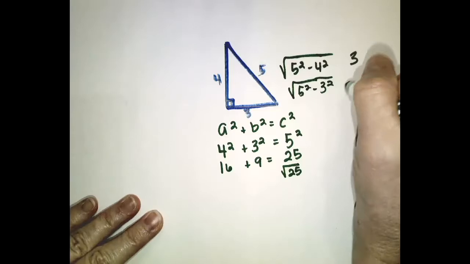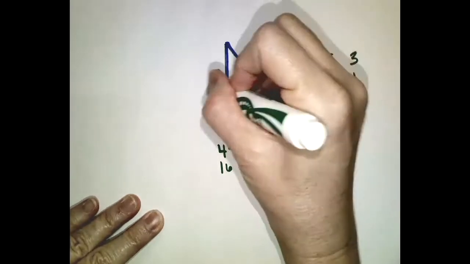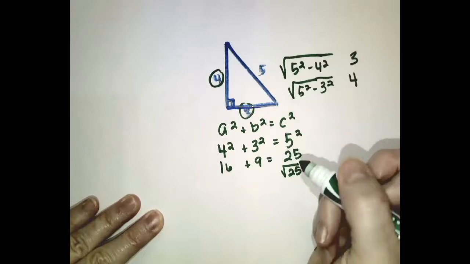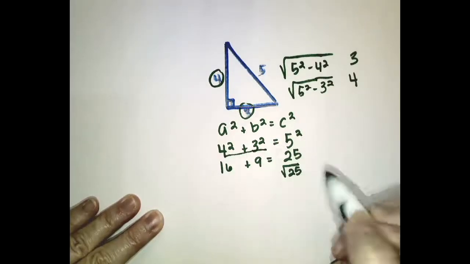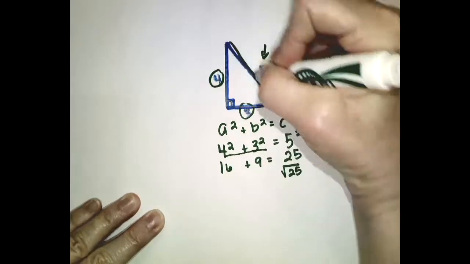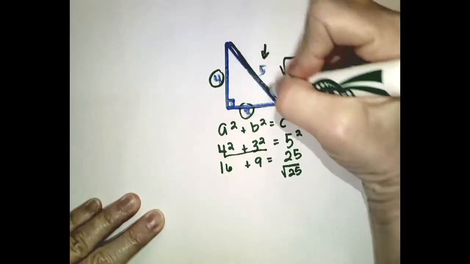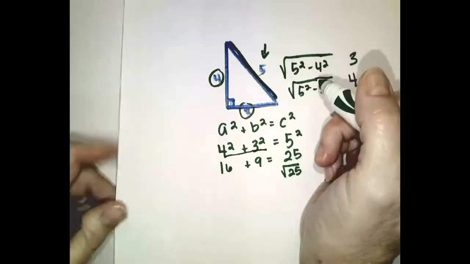And when we hit the enter sign, we're going to end up with the 4. So if we have the legs, it's always an addition problem, like what we did here. But if we have the hypotenuse, which is always going to be the C, it's going to be a subtraction problem.